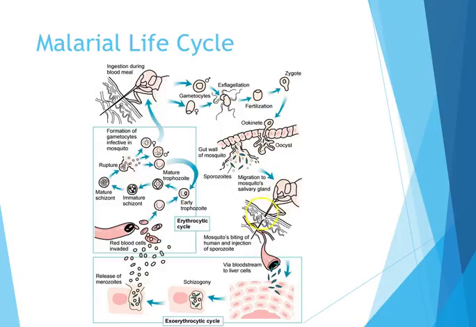Whenever the mosquito bites a human, the sporozoites are released into the patient's system. Schizogony occurs and the merozoites are released. They invade the red cells, and then this is the maturation process inside the bloodstream.